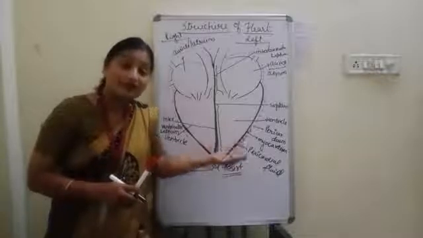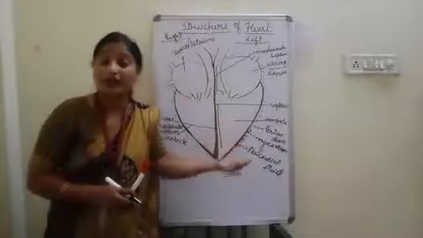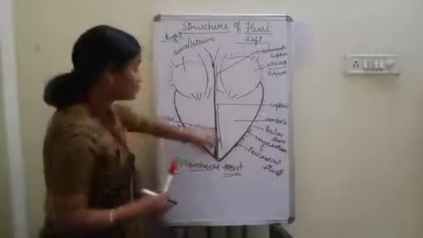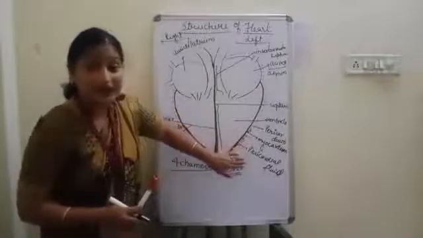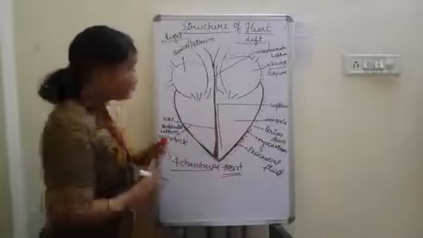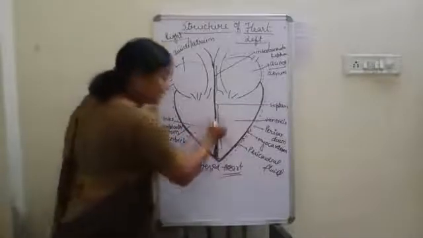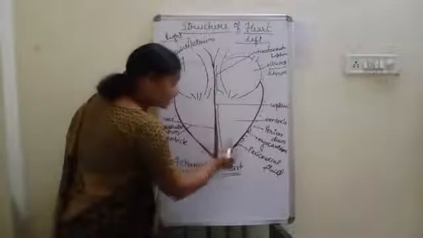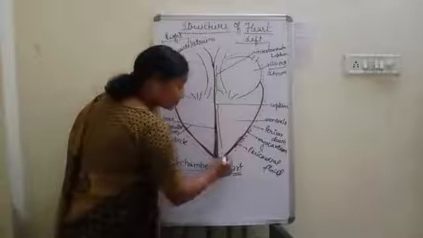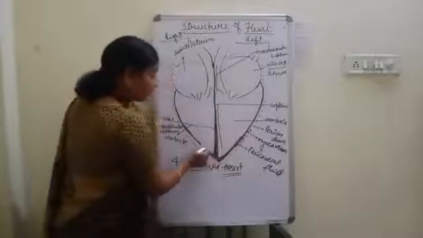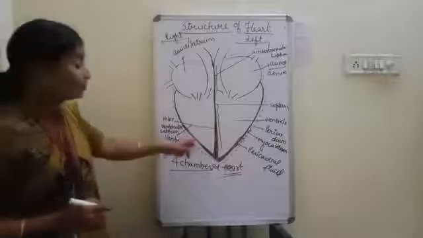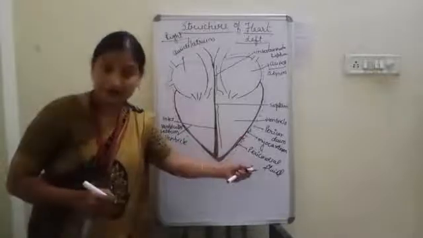So the ventricle has to hold the blood with a lot of pressure, and that's why the walls at the base are thicker and this division is also thicker. The base of the heart is also a thick wall so that it can uphold the pressure.